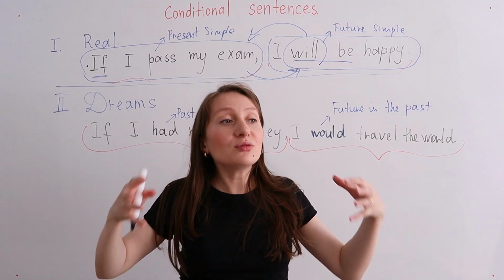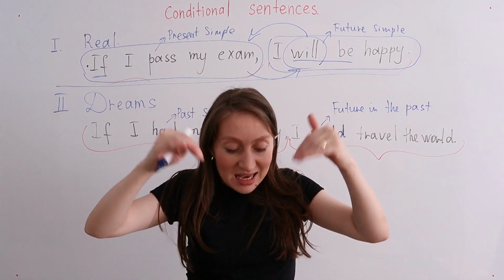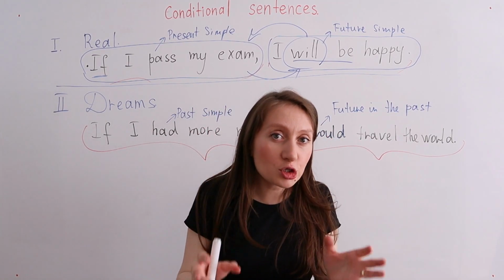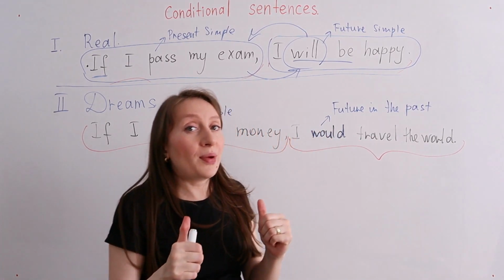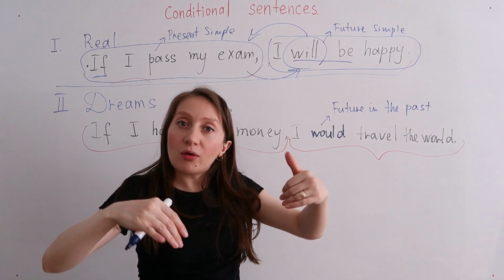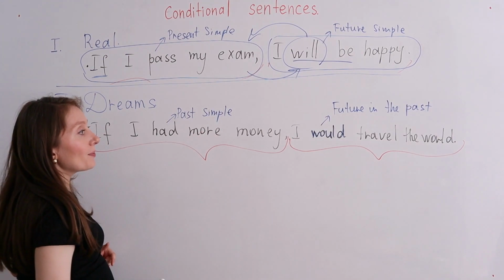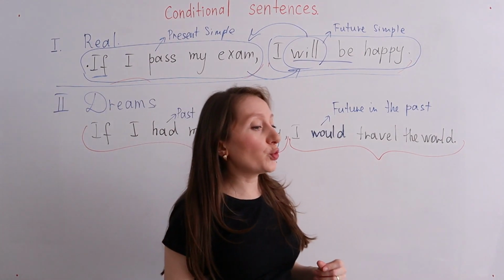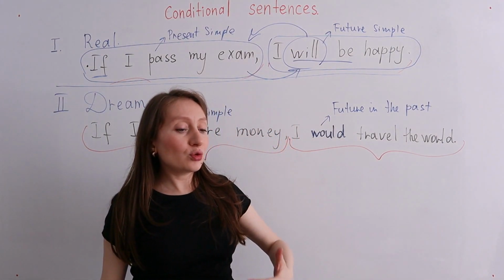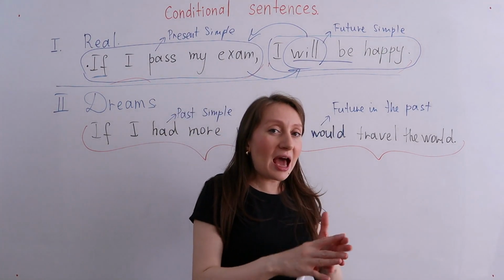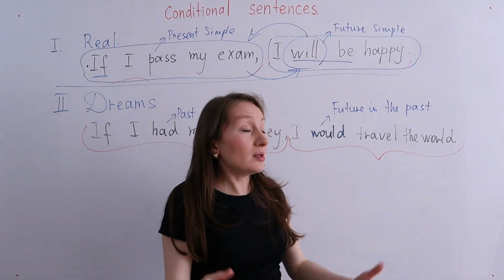We speak about dreams. We speak in the now. But the structure, the verb should be in the past. But we are speaking now about our dreams. So if I had more time, I would travel the world. D olurdu, gezerdim. Right? Right now you don't have it, but you dream about it.